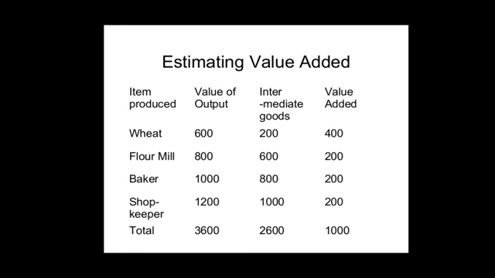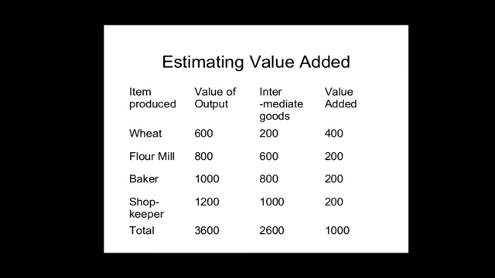In case of our example, value added by the farmer is rupees 400, value added by the flour miller is rupees 200, value added by the baker is rupees 200, and value added by the shopkeeper is again rupees 200.